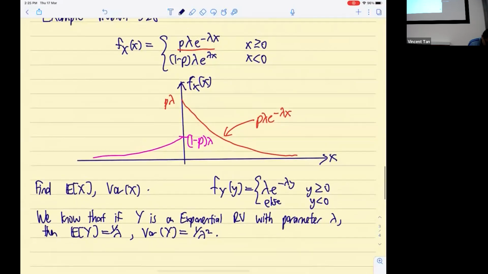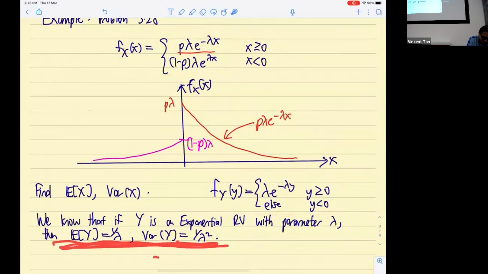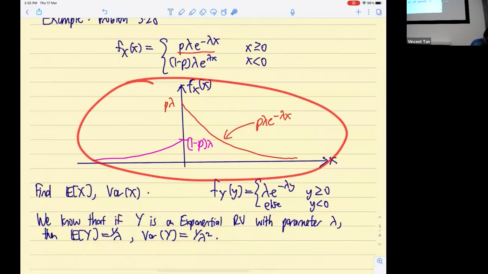So the point I want to make here is that this x and this y look very similar. We had already done the hard work of doing integration by parts to figure out these statistics, the expectation value and the variance. Can we leverage this and not do too much calculation to get the expectation value and the variance of this more complicated random variable?